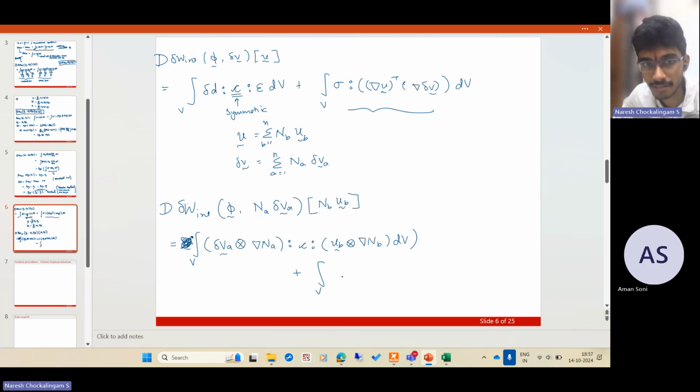Plus we have the stress part, which is UB, it is sigma contracted with UB tensor grad NB transpose multiplied with del VA tensor grad NA.